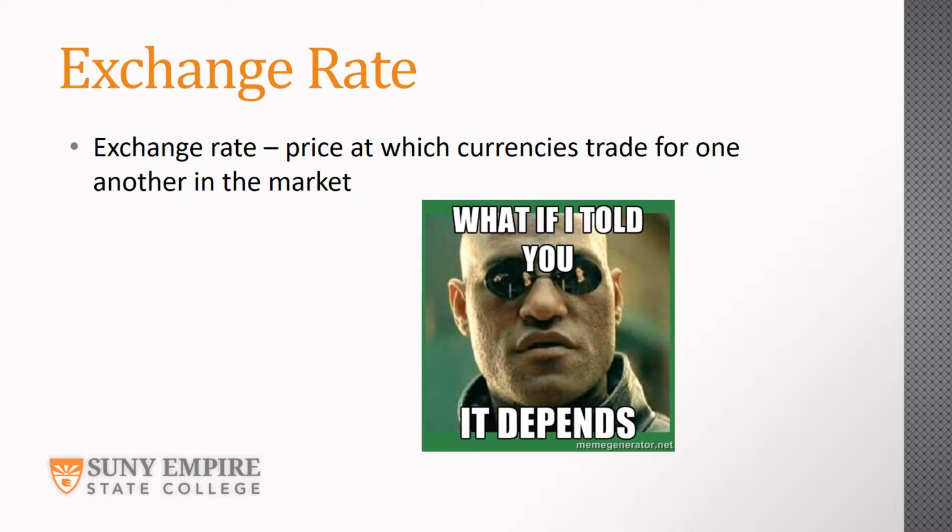Be it American dollars, the euro, Japanese yen, Mexican pesos, or other currencies, companies must be able to go from currency to currency. Therefore, there needs to be an exchange rate, or the price at which currencies trade for one another in the marketplace. This value is constantly changing.